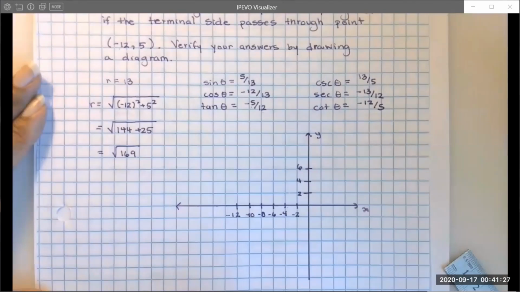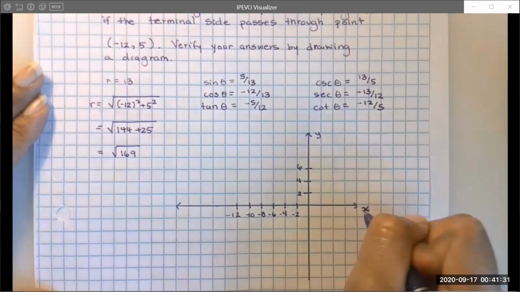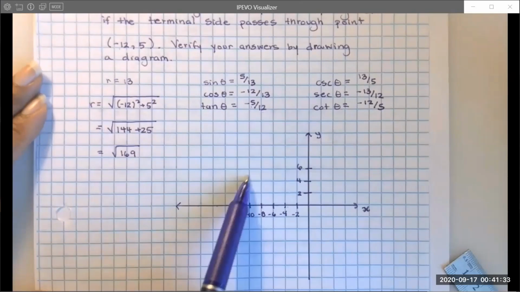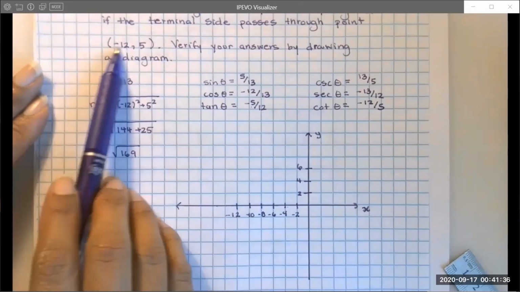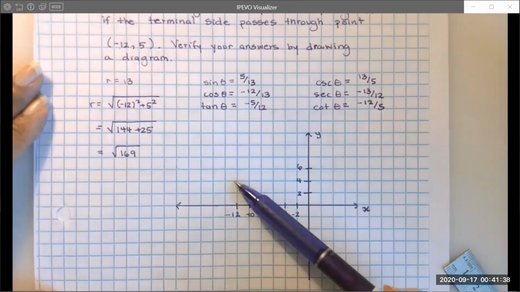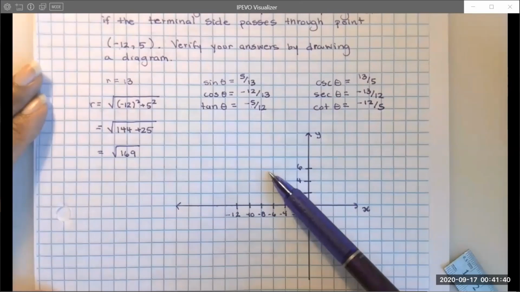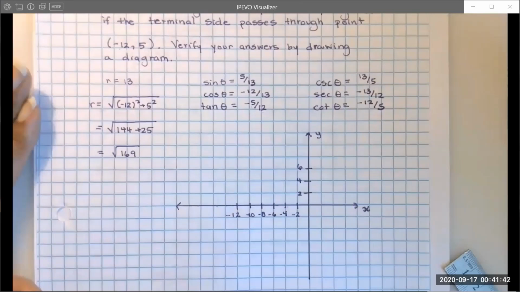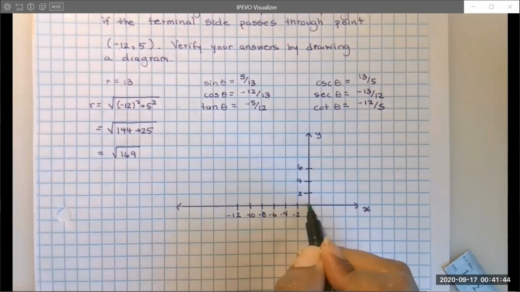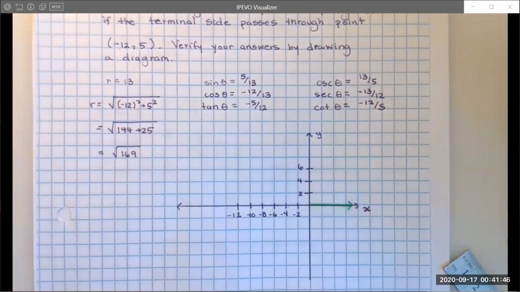And we can also label the negative y-axis and the positive x-axis, but since my focus is going to be mostly in quadrant number 2, given that I'm plotting negative 12, 5, I won't worry too much about labeling those. I will, though, draw the initial side on the positive x-axis. I'll plot the point negative 12, 5.